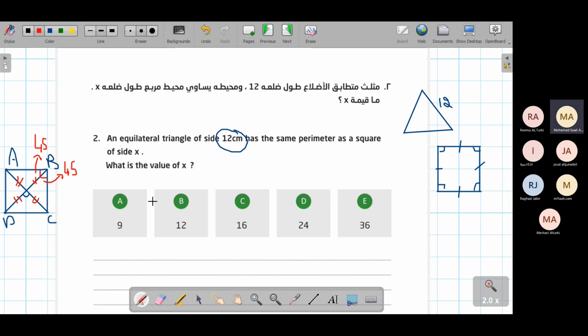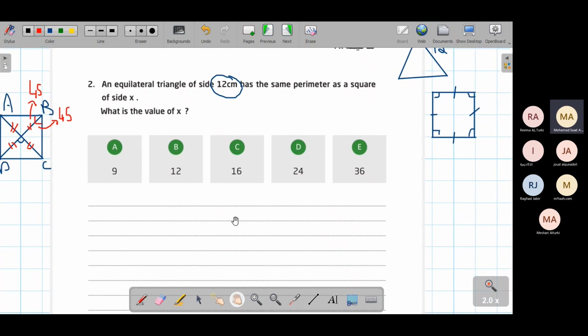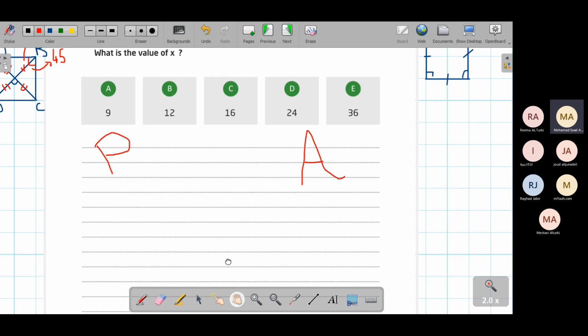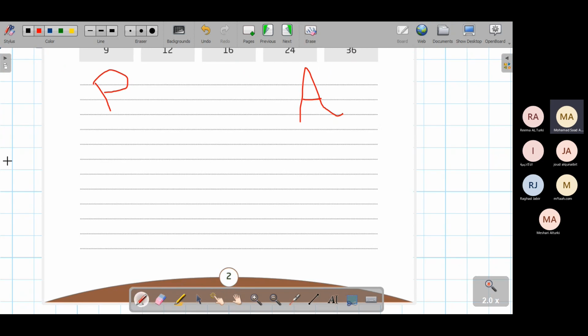Now it's about perimeter. This is very important, even if we take a lot of time to solve this question. What about perimeter and what about area? This is the perimeter and this is the area. Let's start with the triangle.